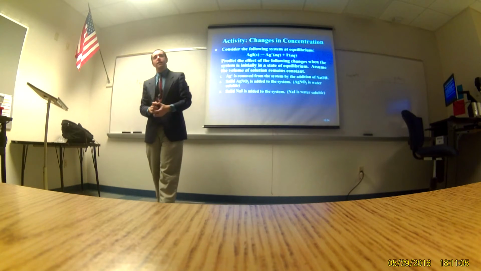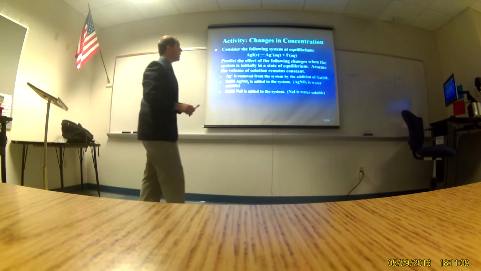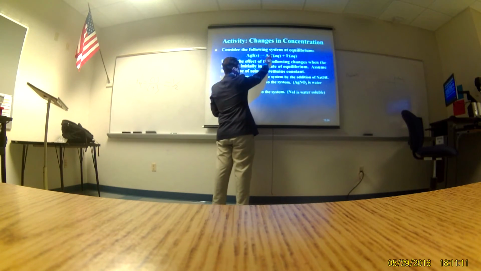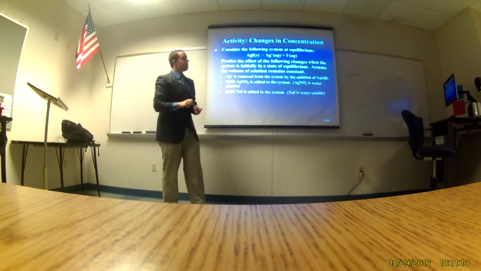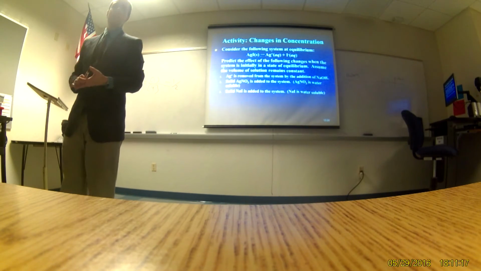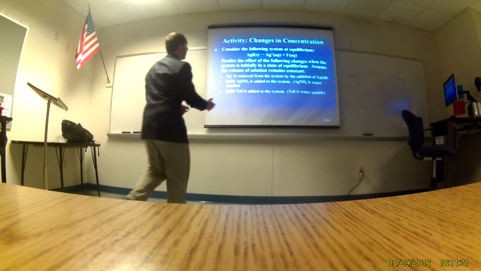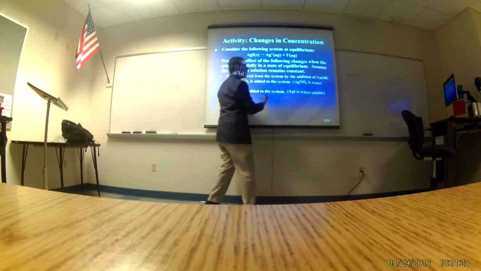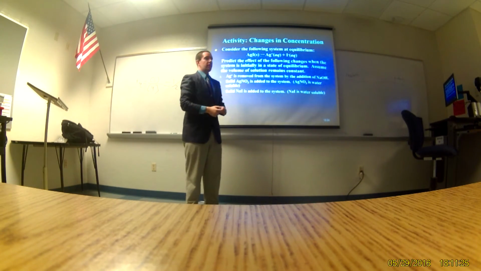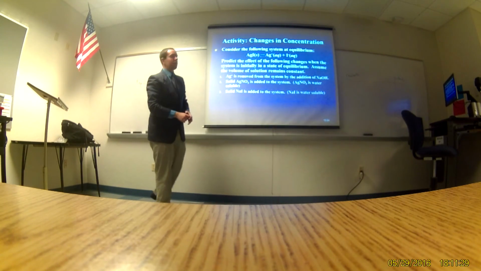Is silver ion a product or a reactant? Silver ion is a product. So if you remove some of that, is the reaction going to shift left or shift right? Right. It's going to shift right. If I pull this out, I have to replace it, and so this is going to come over here to replace what I removed.